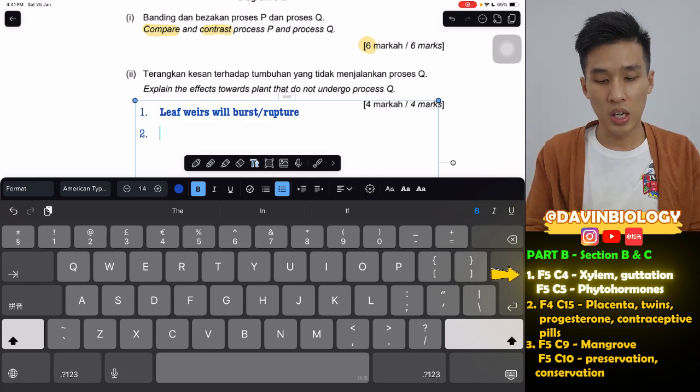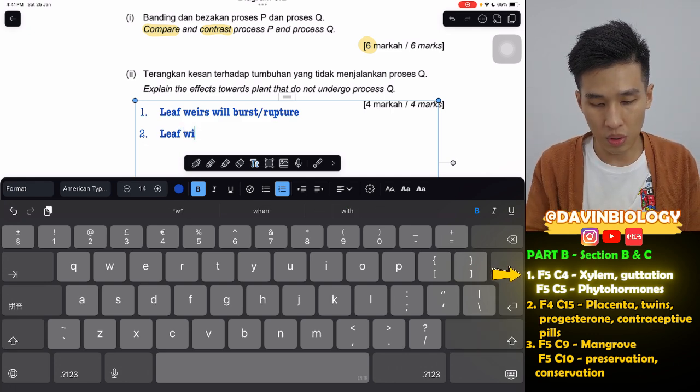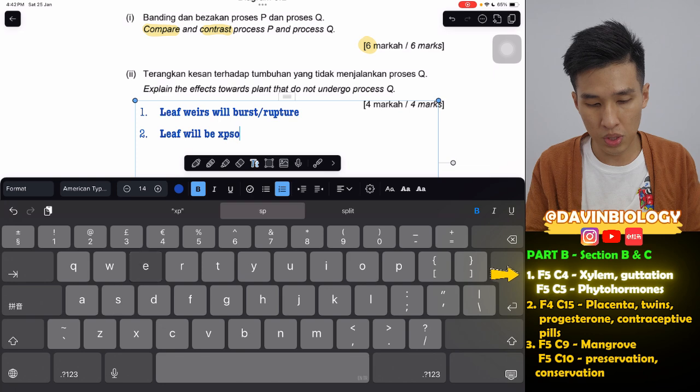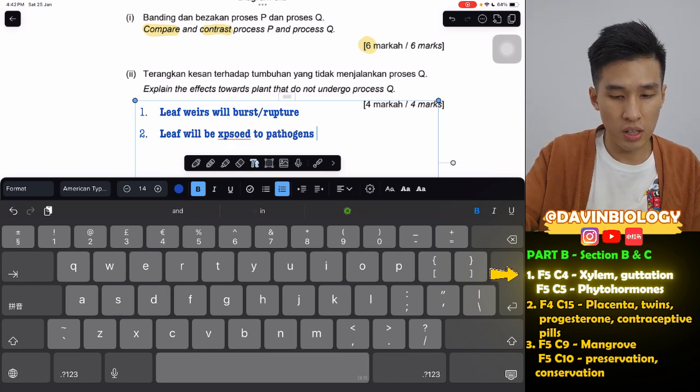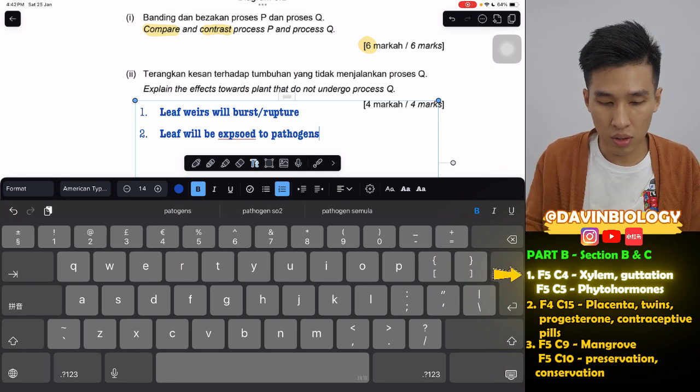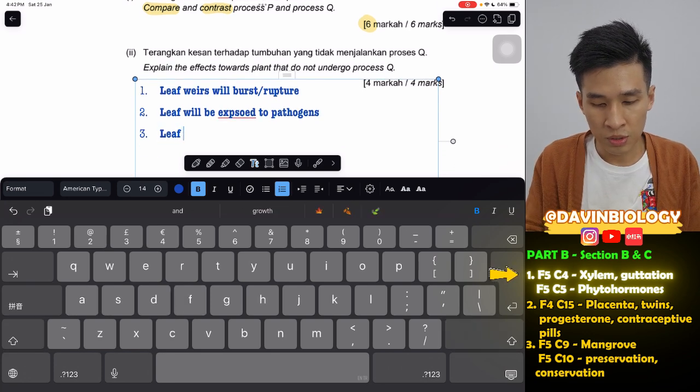So you can say the leaf will be exposed to pathogens, and then the leaf will die and fall off.